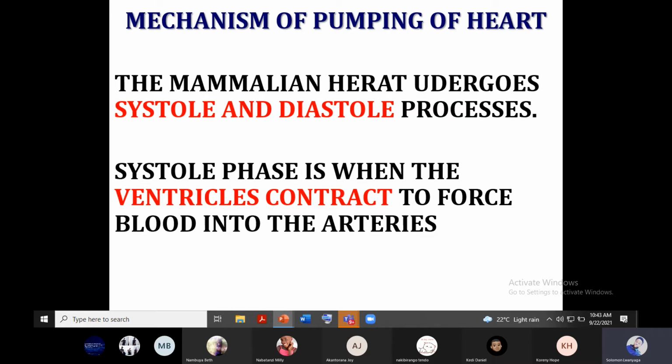You're going to tell us the process of the pumping action of the heart. That is the second assignment. We are writing it: the process of the pumping action of the heart. I have given you 2 slides there to copy from. It undergoes systole and diastole process.